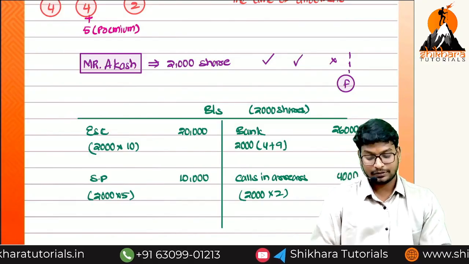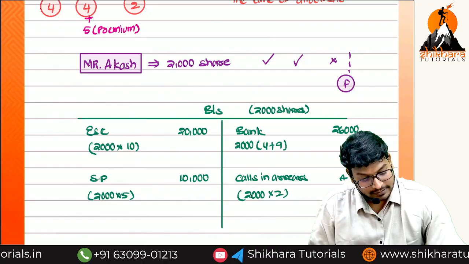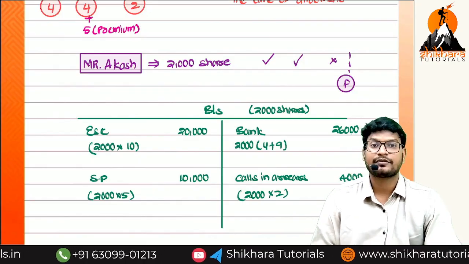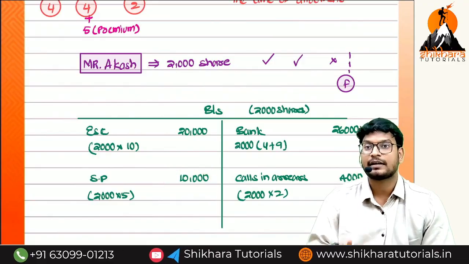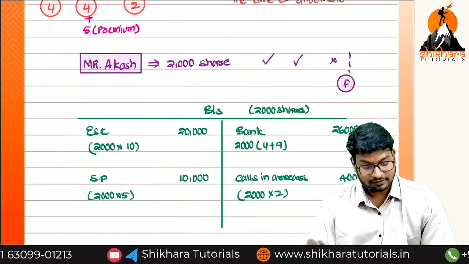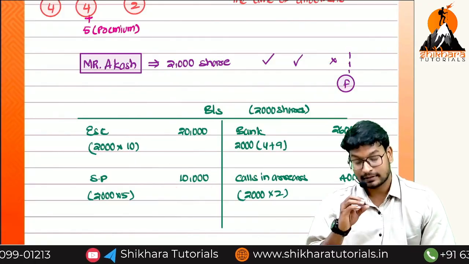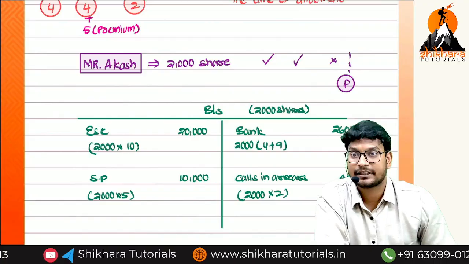Now what we need to do? Now here in this situation, we have received the securities premium in the form of cash. Now, securities premium is available in the company or not available? Available, because we have received. That means this is called a realized securities premium.